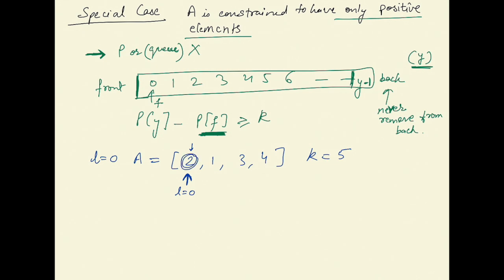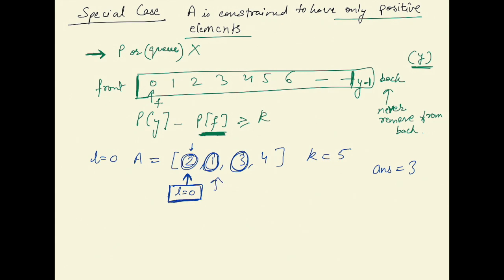Initially our sum is 2, not greater than k. Sum is 3, not greater than k. Sum is 6, greater than k, yes. So in that case, when the sum is greater than k, we'll update our answer first. Now the answer is 3, and we'll move L and see if we can shrink this and get a better answer.